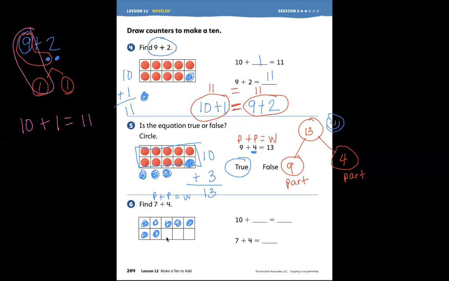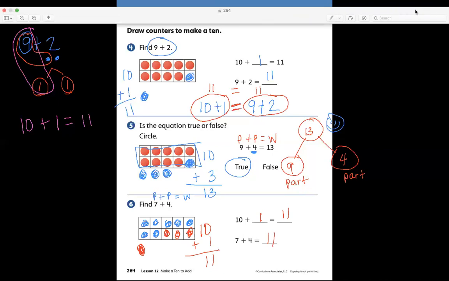We're going to add 4 more. 1, 2, 3, 4, right? So now I have one group of 10 plus, how many is this? Right, one more. 10 plus 1 is 11. 10 plus 1 is 11. And 7 plus 4, here's 7. And 1, 2, 3, 4, I still have 11.